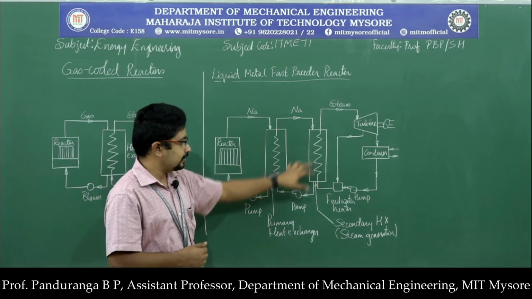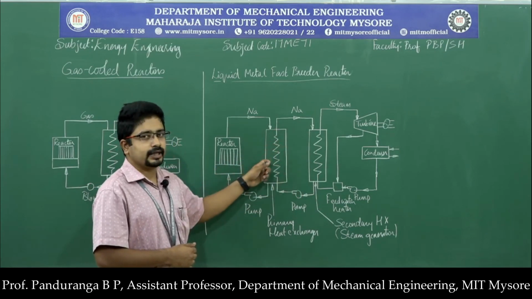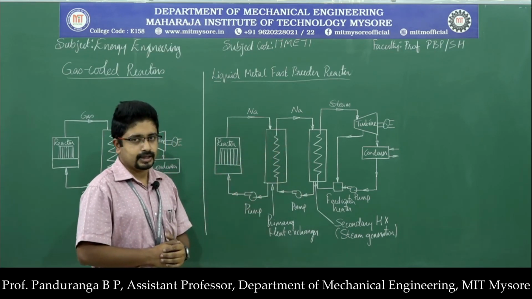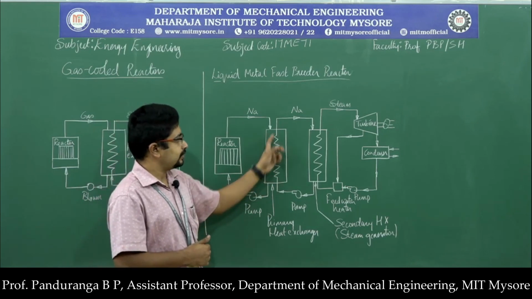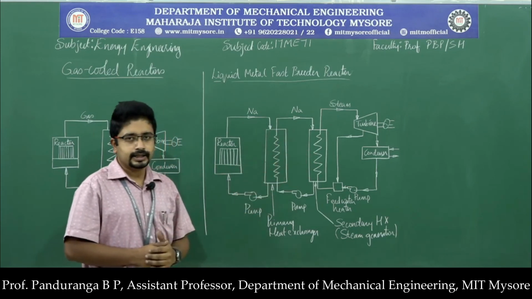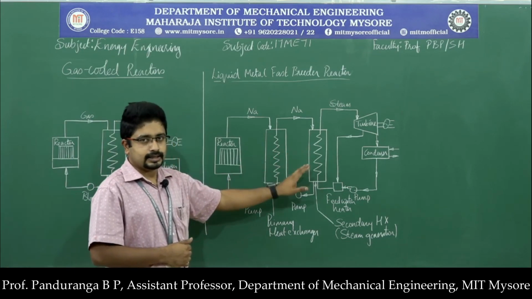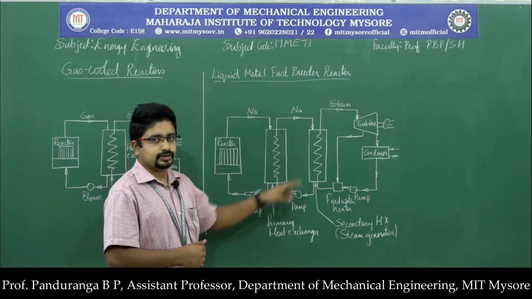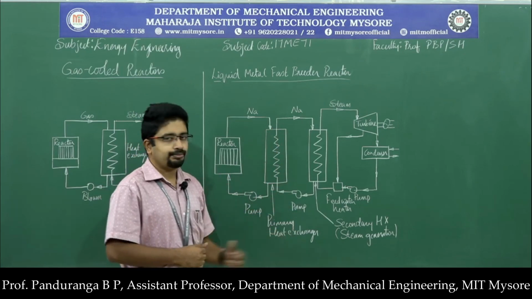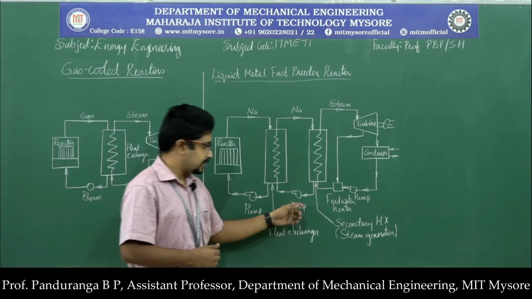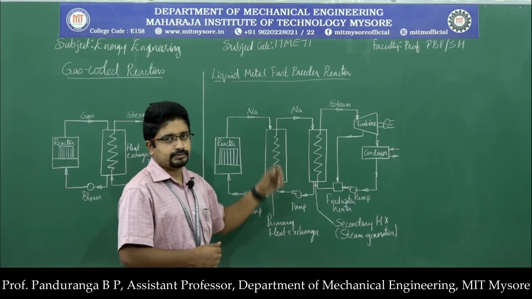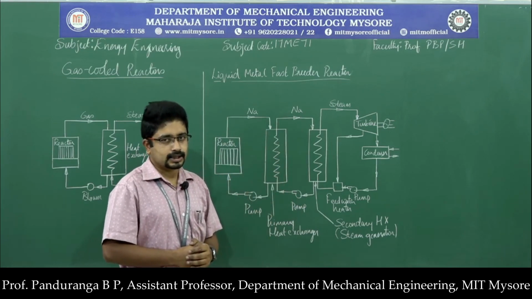Here the non-radioactive sodium absorbs heat from the radioactive sodium, and then that sodium enters the secondary heat exchanger or the steam generator. Again here, to keep the sodium circulating, we have another pump. So this pump keeps the circulation of sodium in the secondary circuit.